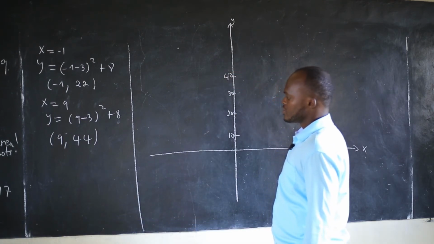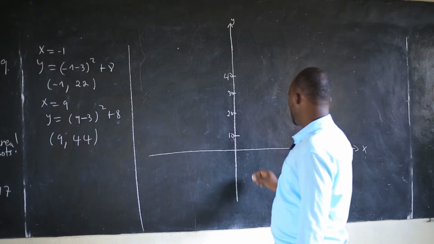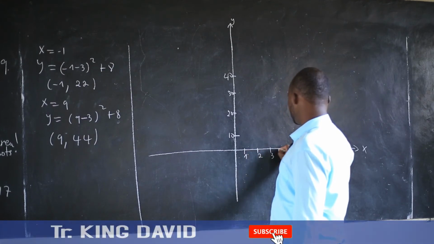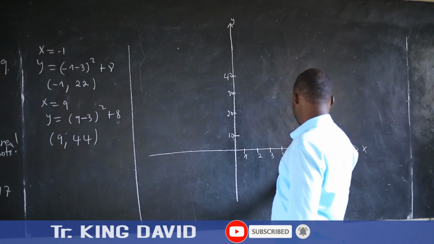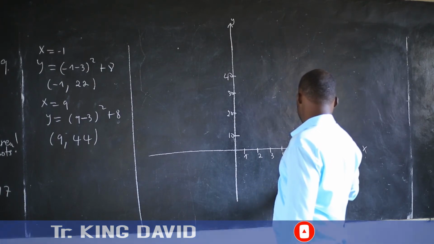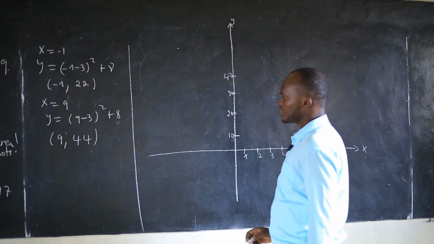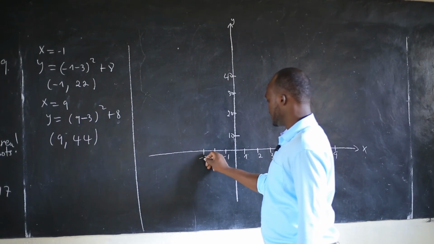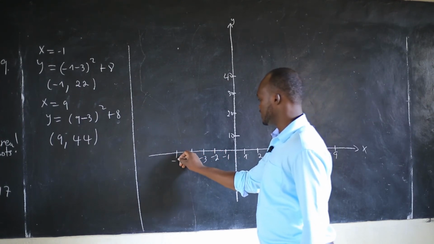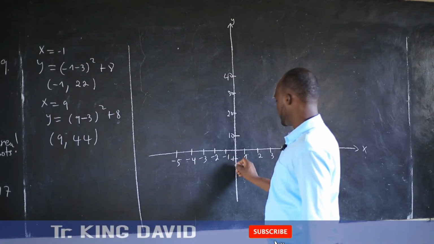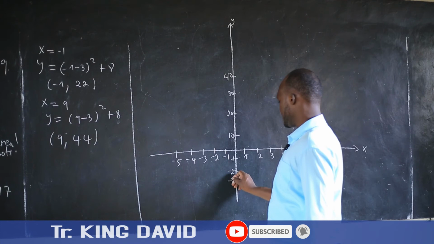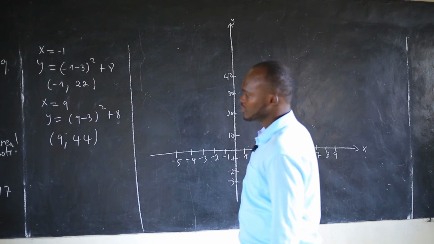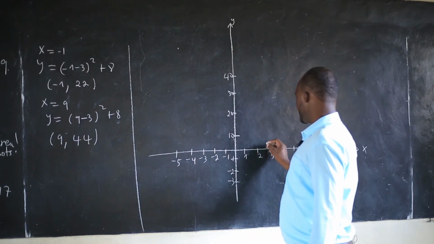On the x-axis, I have 1, 2, 3, 4, 5, 6, 7, 8, 9. Then I have -1, -2, -3, -4, -5. So we have the vertex, (3, 8). (3, 8) is like here.